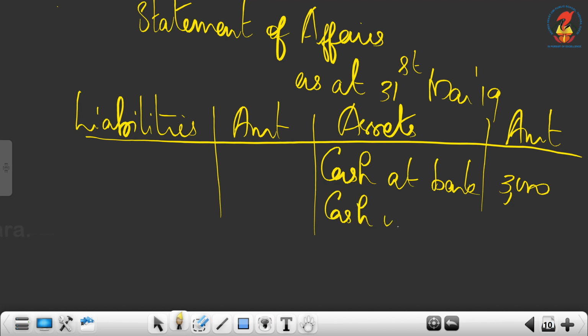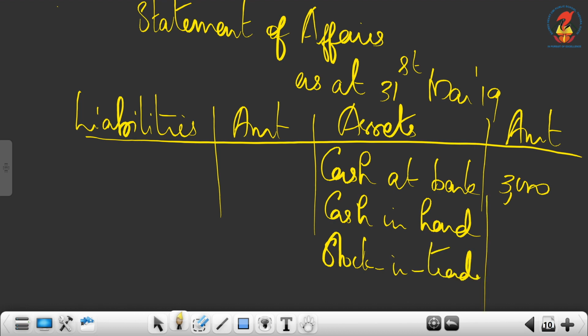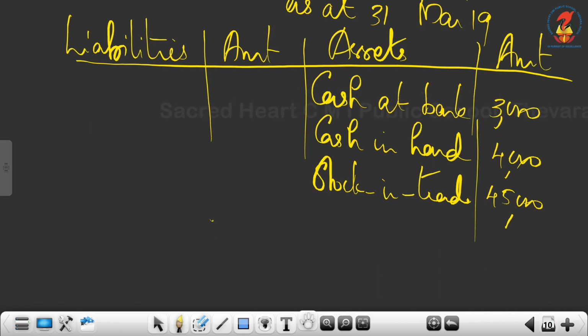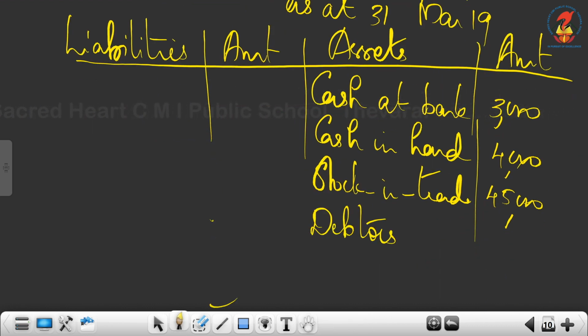Cash in hand 4,000, stock in trade $45,000. Debtors 20,000. Then we have office equipments.